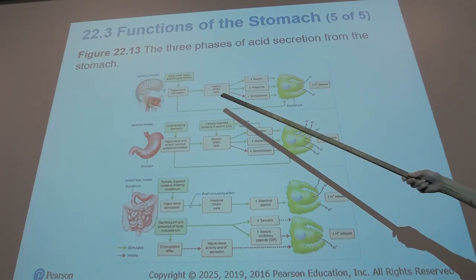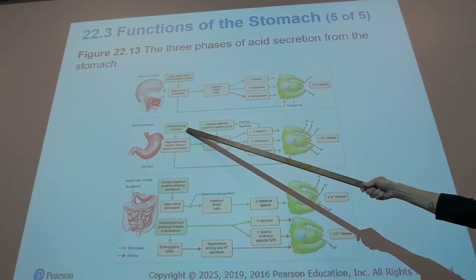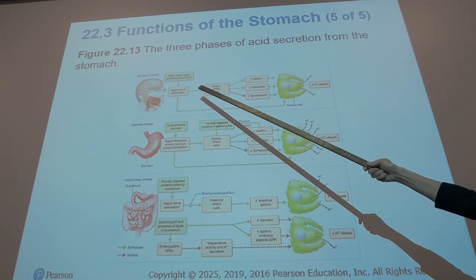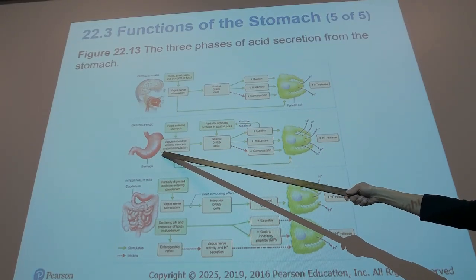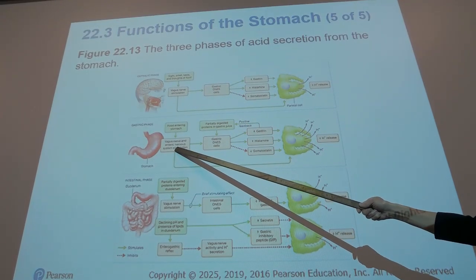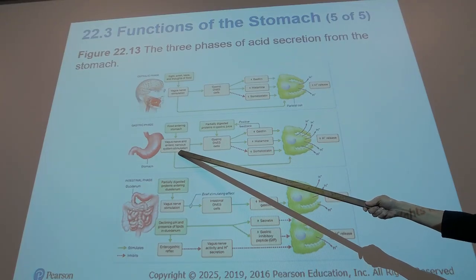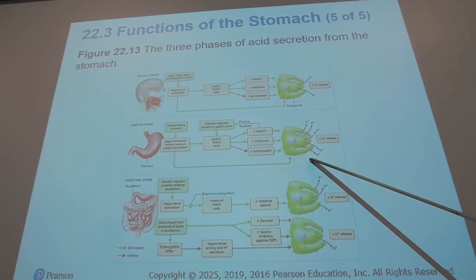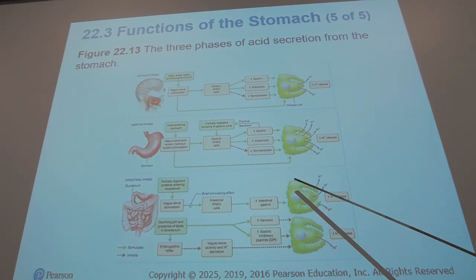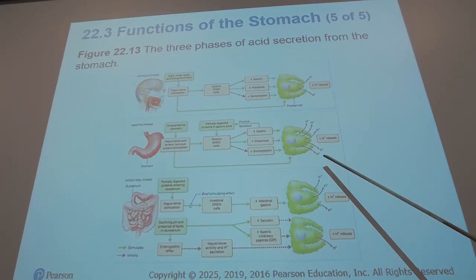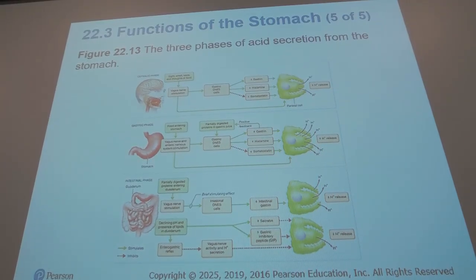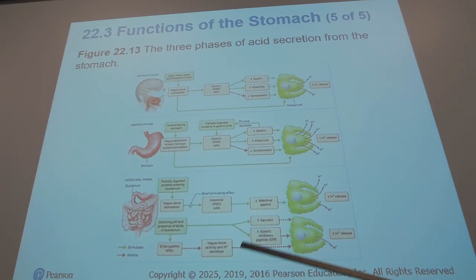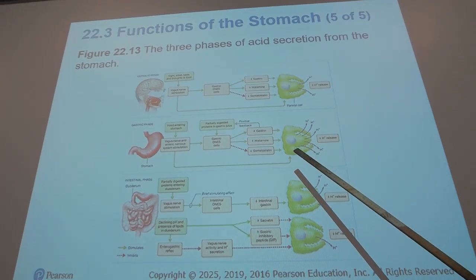Now, during the next phase of digestion, which is the gastric phase, when your food goes into your stomach, your vagus nerve and your ENS stimulate more secretion of hydrochloric acid, because that's when you receive food. Certain foods stimulate more secretion of hydrochloric acid, like proteins, for instance, or the presence of amino acids.